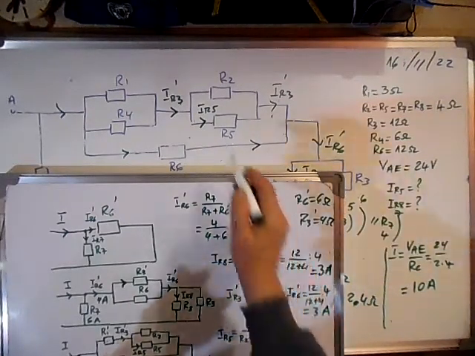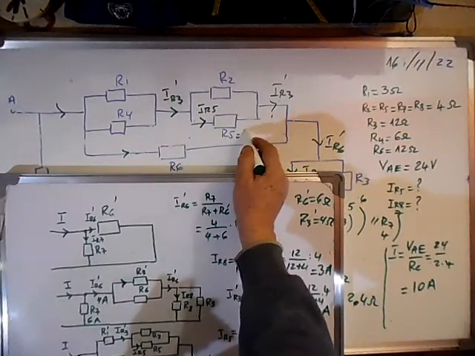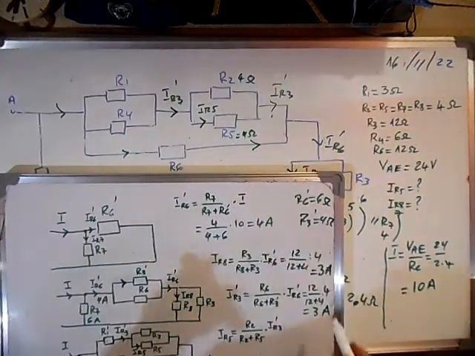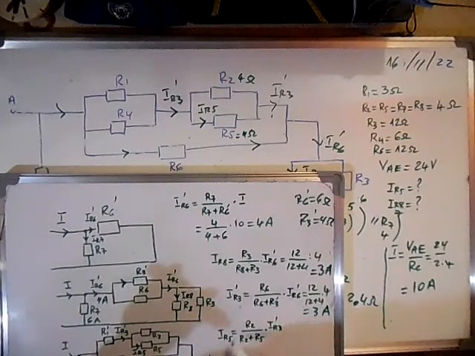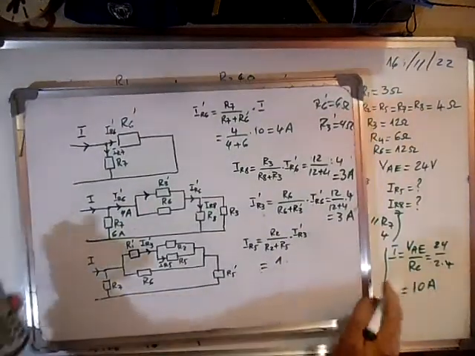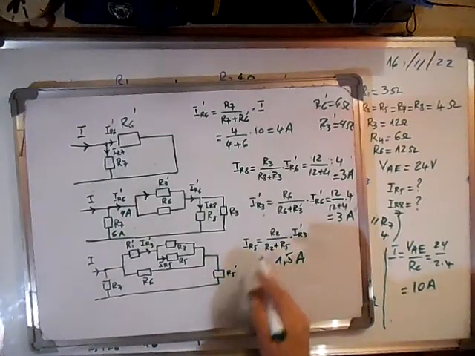Now to calculate this current of 3 amps, because it's 4 ohms here and 4 ohms here, the current will be divided in 2. I put here the expression for this current, but we can divide it by 2. It means that half of this current will flow in our resistor.